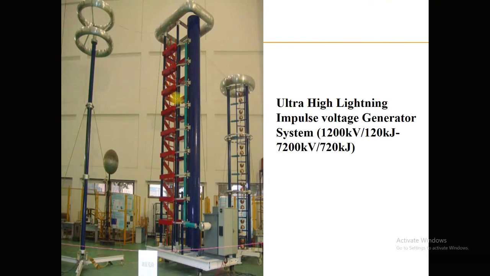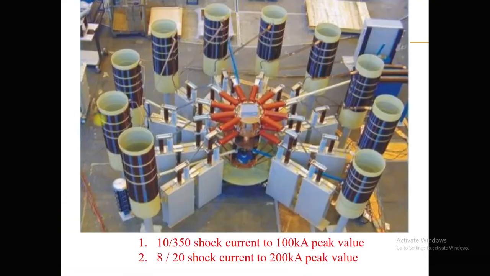This is an ultra high impulse voltage generator, 1200 kV by 120 kilojoule to 7200 kilovolt to 720 kilojoule. So this is the triggering gap, this is the impulse voltage generator, and this is the potential divider for the measurement of the generated impulse.